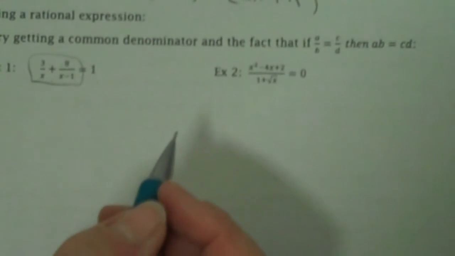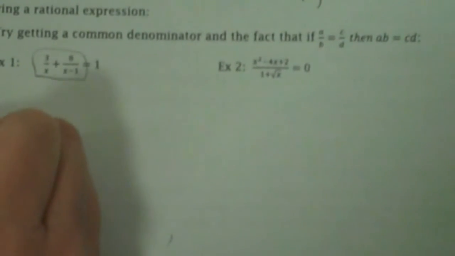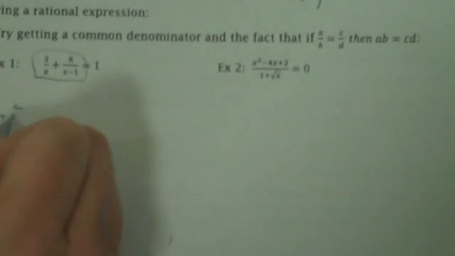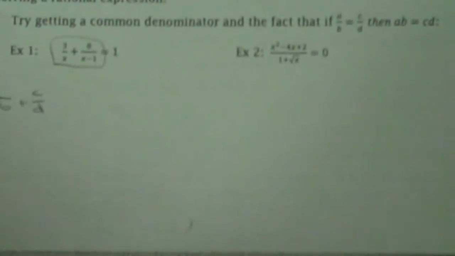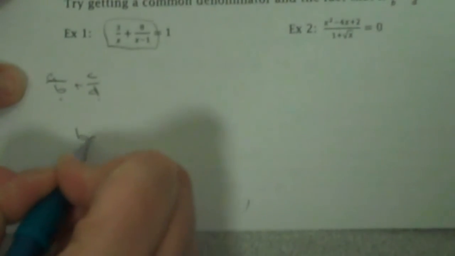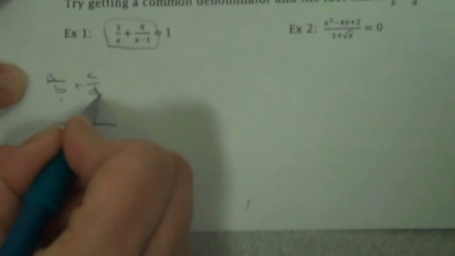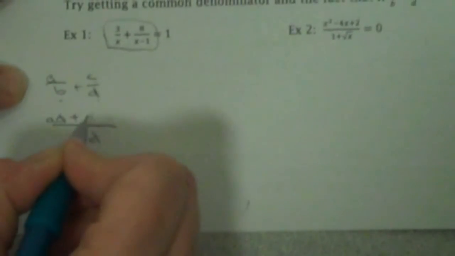The way that I can do that is if I have a over b and I'm trying to add c over d to it, so two fractions added together, I multiply the denominators, and then I take this numerator times that denominator plus this numerator times that denominator. So that's my rule.